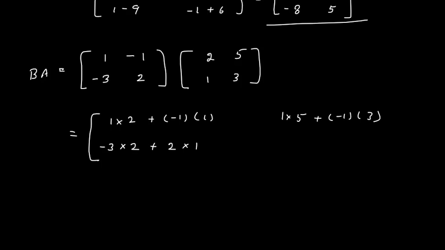Then here minus 3 multiplied by 5 plus 2 multiplied by 3. Yes, this first row with first column, first row with second column, then second row with first column and second row with second column. This is your multiplication.